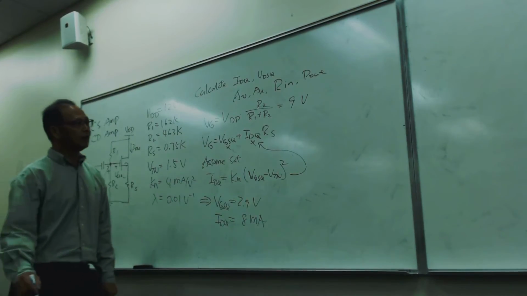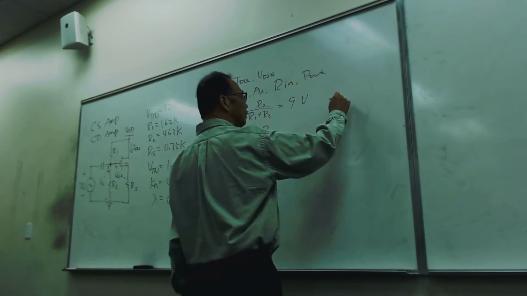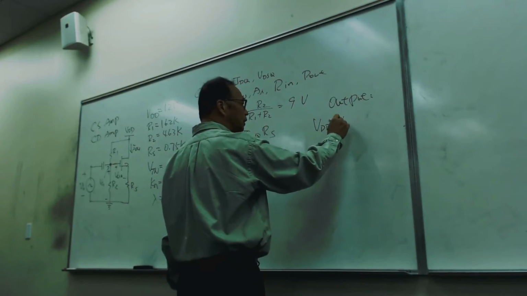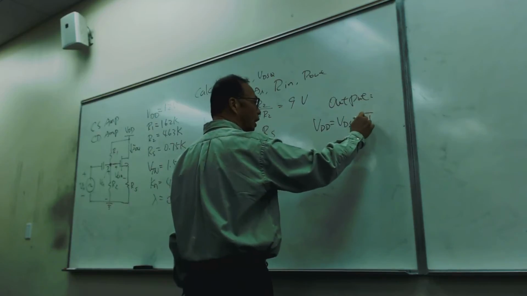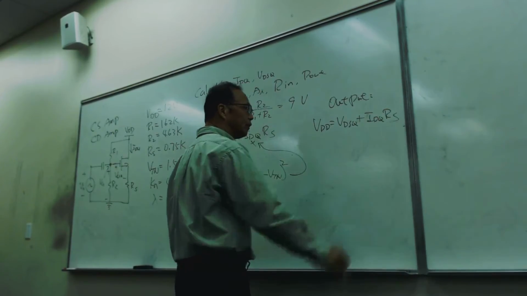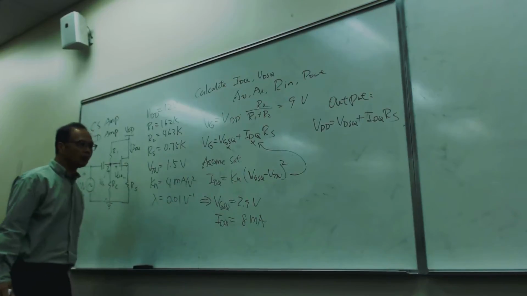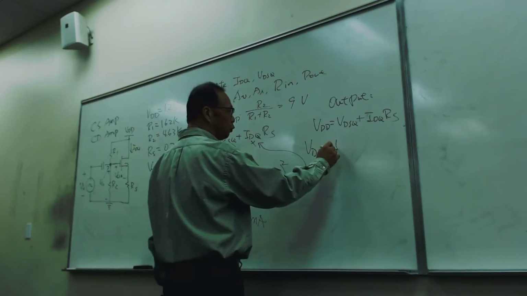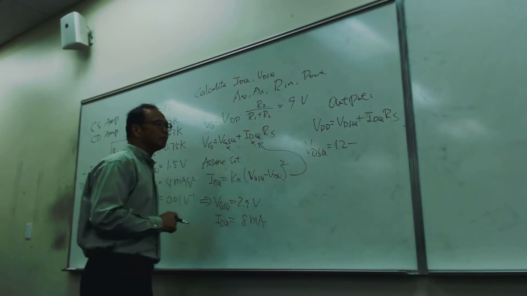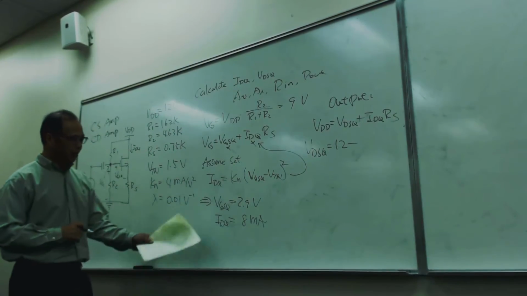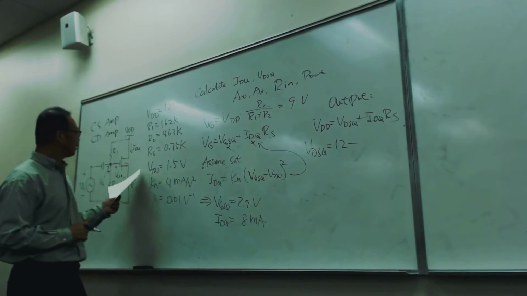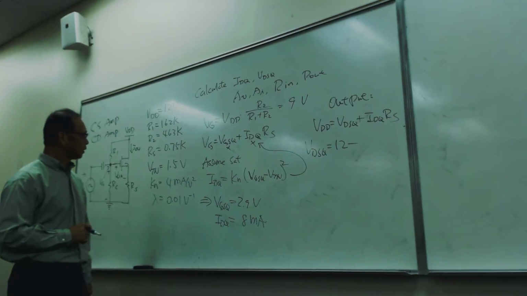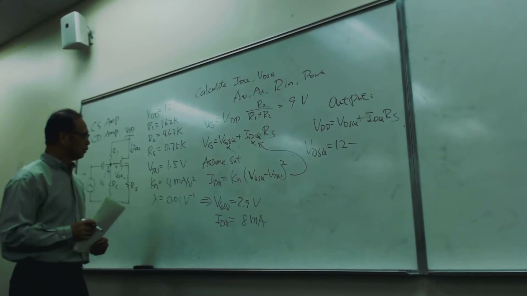Okay, now we can go to the output loop, right? Output loop. So VDD equal to VDSQ plus IDQ R sub S, right? So therefore, VDSQ equal to VDD 12 minus IDQ, which is 8 milliamp times R sub S, 0.75. So what did you get? 8 times 0.75, huh?